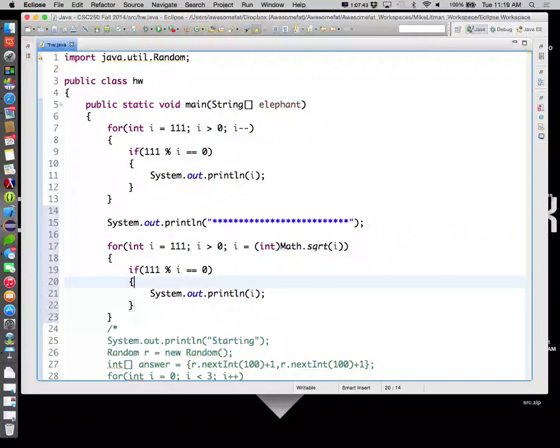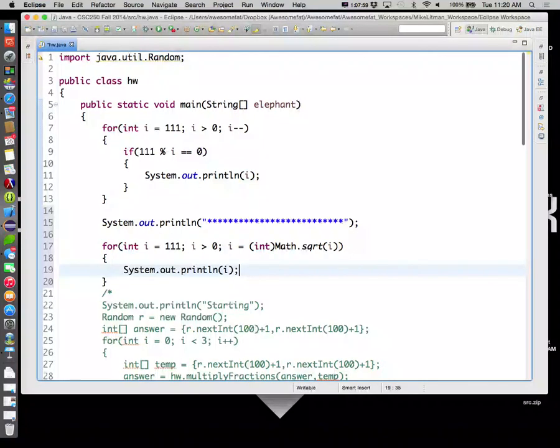We'll very likely have decimal points, unless it's evenly divisible. So this will print out all of our square roots. Just so we see the full values, I won't do the mod thing. I'm just going to print out all those square roots. It's going to start at 111, and we're just going to keep taking the square root of that.